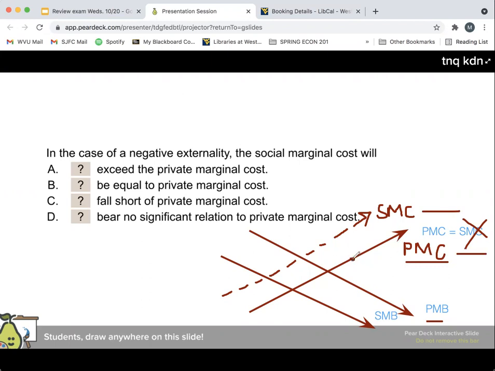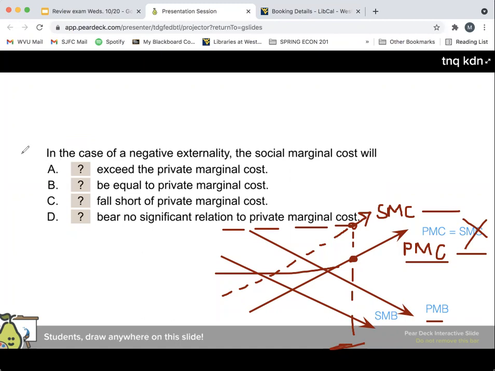So at this quantity, if we were to go down and say, okay, whatever quantity this is right here, we're going to charge this price for the private market. This would be the price that we would charge if we wanted to consider those social costs that come with this externality. So the price is higher.